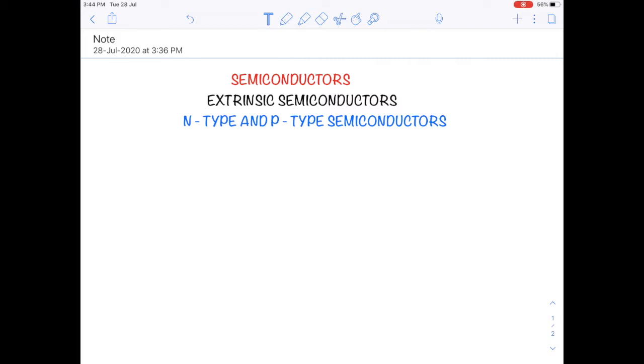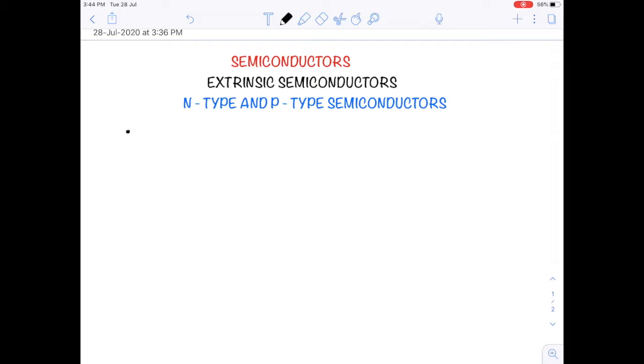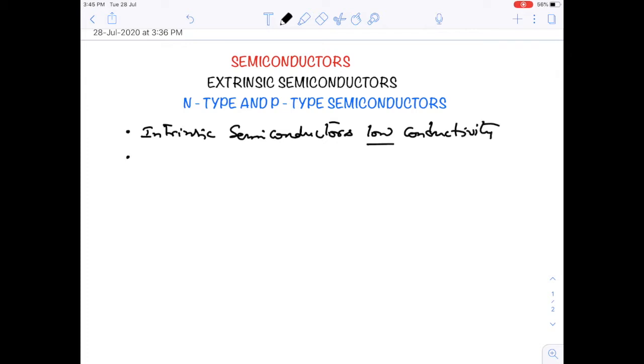The drawbacks are, number one, intrinsic semiconductors have low conductivity. Therefore, they are not of use in practical applications.